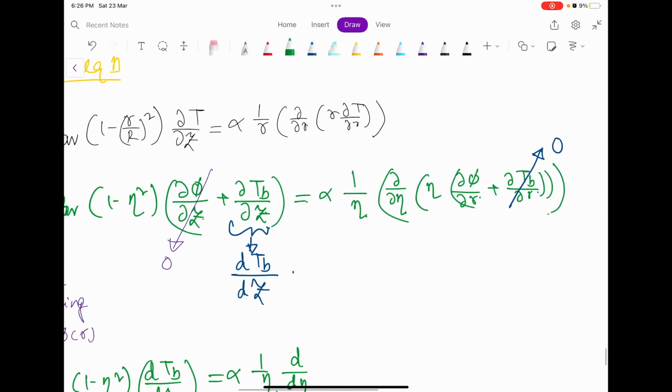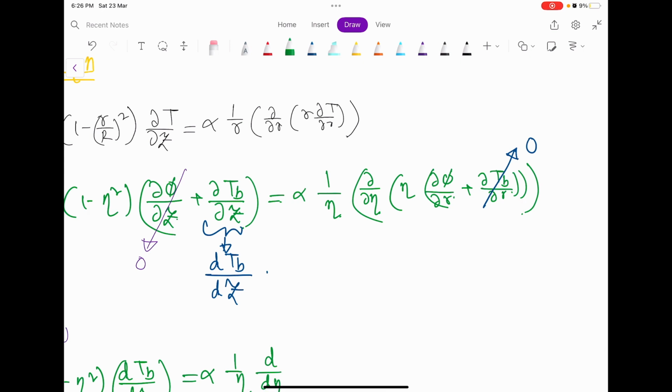So del phi del r, I have made some mistake during the transformation. When I transform this, here I will have 1 eta, 1 eta, 1 eta, another eta here, another eta here. Now for every eta I have to multiply one capital R. Why?